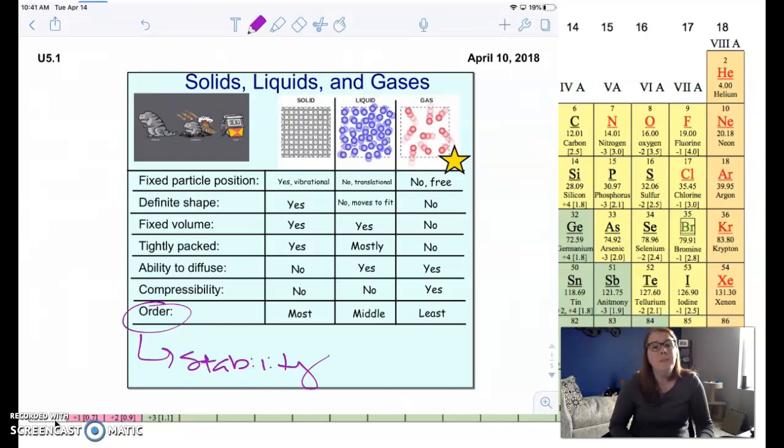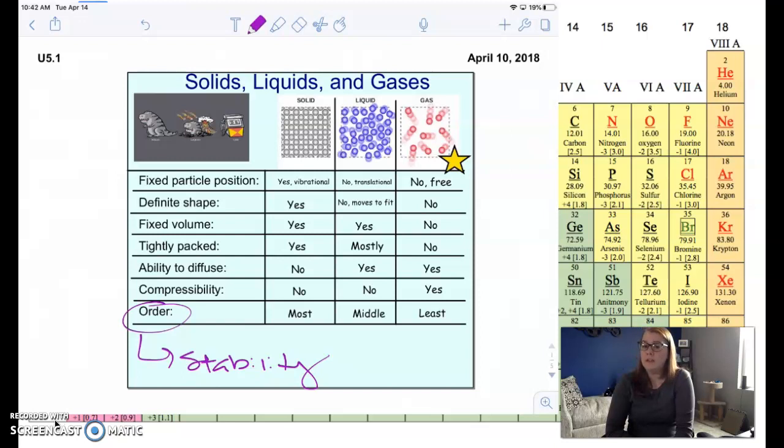Working through liquids, liquids do not have a definite shape. That's why you can pour water into varying different glasses and it'll change its shape based on the shape of the glass, but it will have a fixed volume. Meaning if you've got 100 mils of water, it will stay 100 mils regardless of the space you put it in. But its shape can change with those 100 mils. They're fairly tightly packed, not too crazily tightly packed.